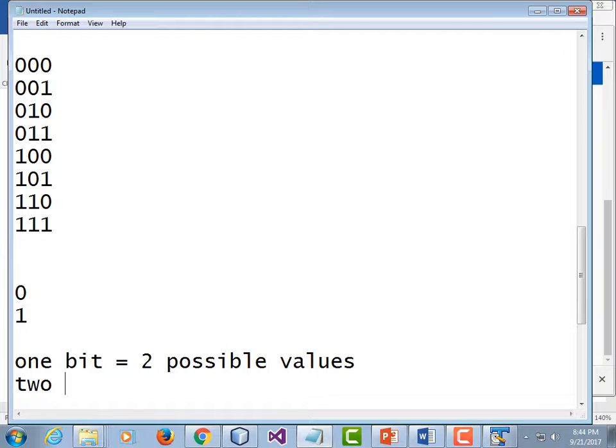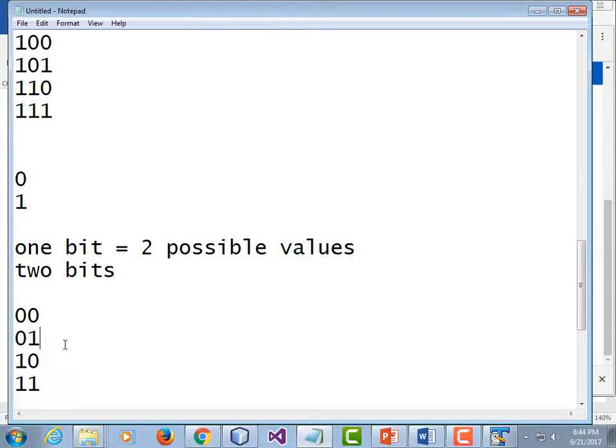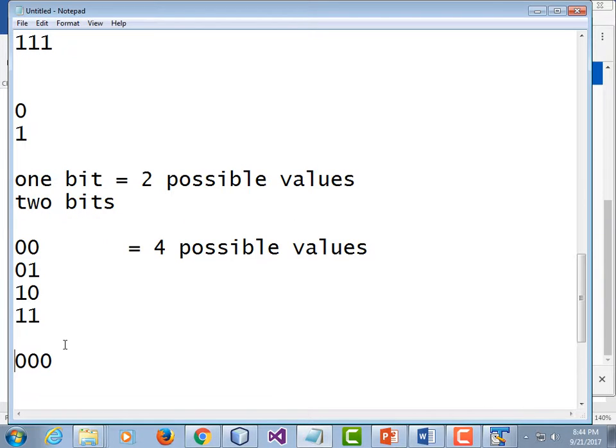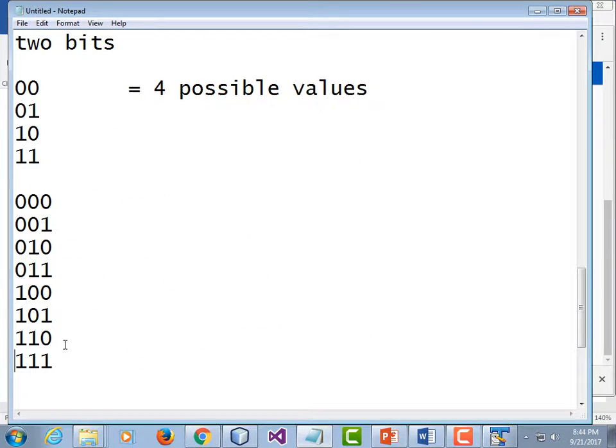If you have 2 bits, 0 0, 0 1, 1 0, 1 1, you have 4 possible values. You have 3 bits. Am I going to count those again? No, I'm just going to copy and paste. You have 8 possible values. We just counted those.